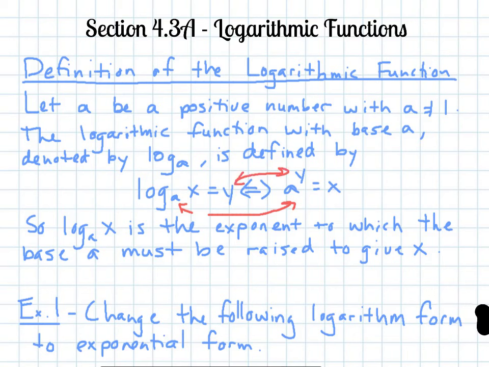So what they're trying to tell you is that if you have a log of a number with a certain base, then that is equal to that specific exponent for that base. So in exponential form, it'd be a to a certain power is equal to x. So that's how they kind of correlate with one another.